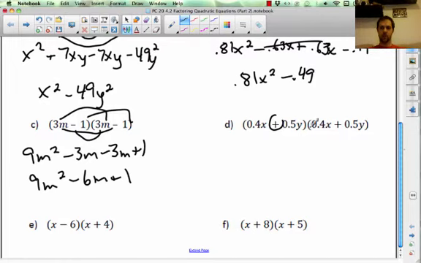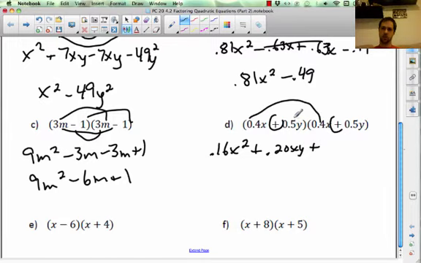Over here, again, same sign, so this is not going to be a difference of squares. 0.4 times 0.4 is 0.16, and that'll be x squared. And then plus 0.20xy, and then plus another 0.20xy, and then plus 0.25y squared.